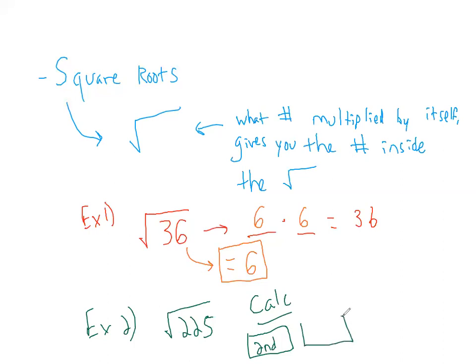Then we're going to hit the squaring key. And then we're going to type in the number 225 and hit enter. And what do we get when we do that into our calculator? 15. So the square root of 225 equals 15.